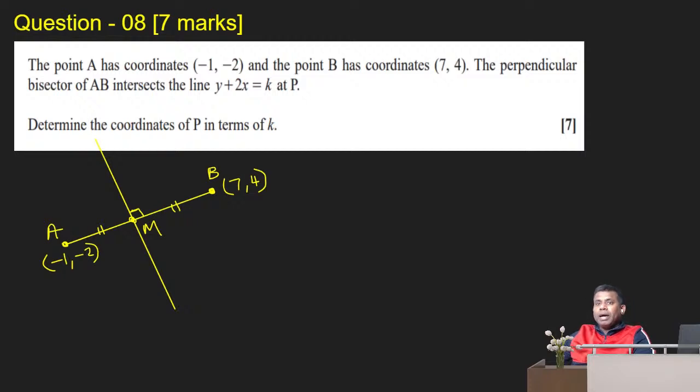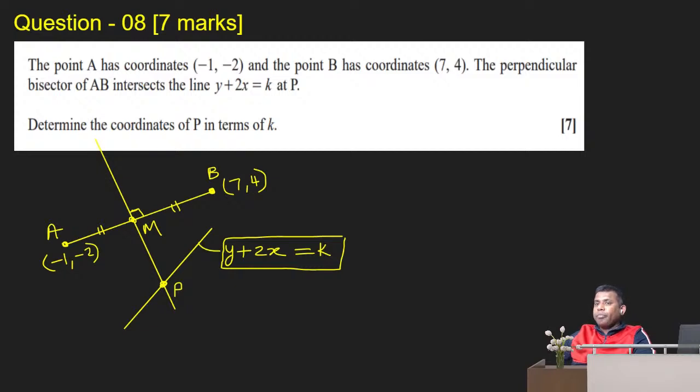The perpendicular bisector of AB intersects the line y plus 2x equals k at P. So another line intersects. So this is the line y plus 2x equals k, the equation of this line, and that line is intersecting at P.